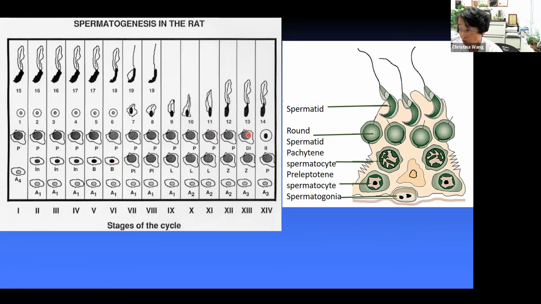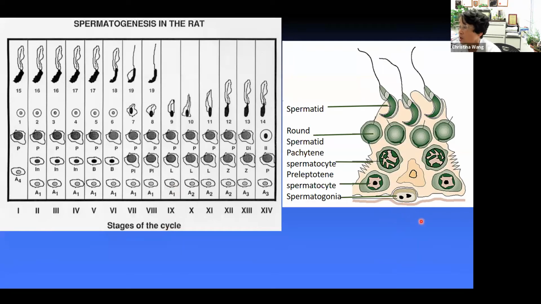You can see it takes a long time, and then this is meiosis 2, which takes very quickly to become a round spermatid. So in the rat and in the mouse, there is specific cell association with each of the stages of the seminiferous tubule epithelium cycle.